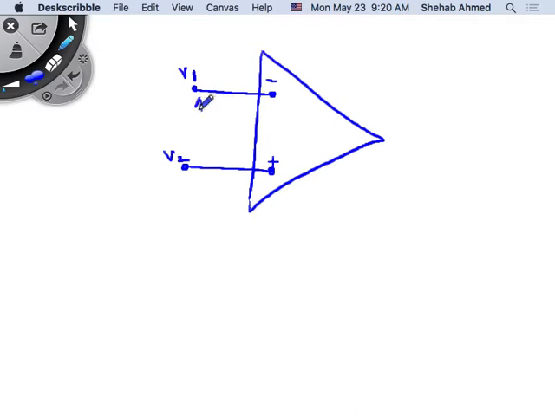We called the voltage between these two nodes the input differential voltage, VID, and it is equal to V2 minus V1, right?